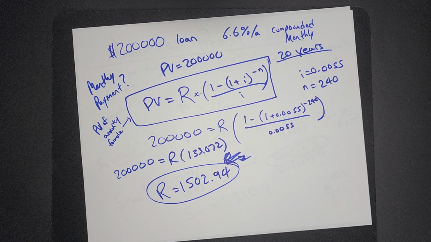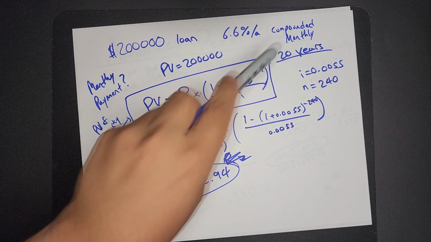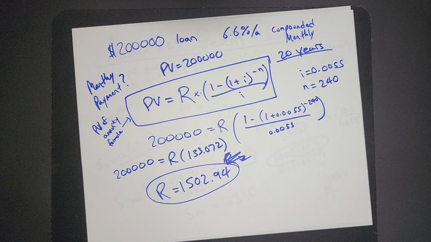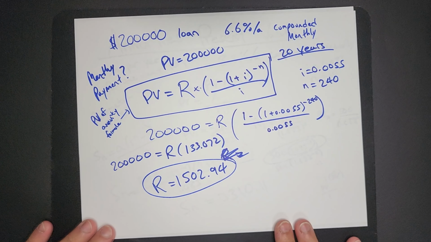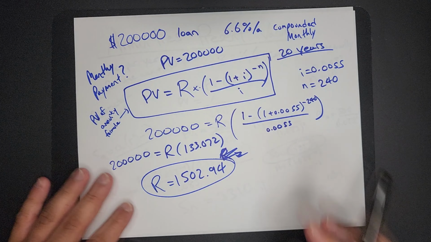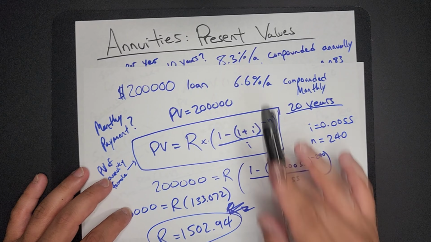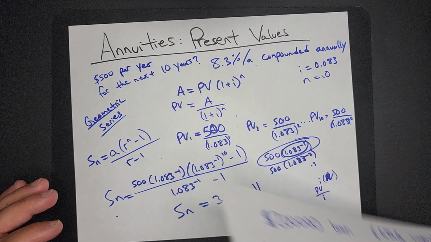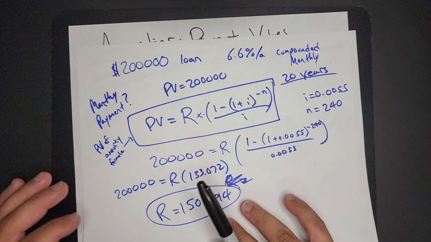And that is a hefty loan, because the monthly compounding is what's really screwing this person up, this person being me in this completely imaginary case. That is all for this video on present values and annuities.